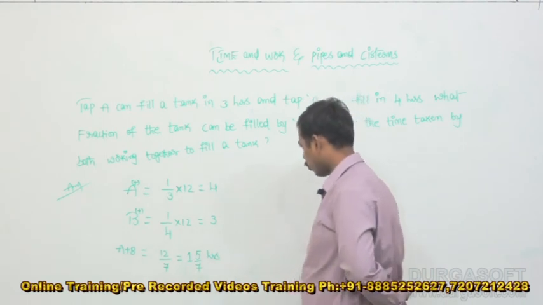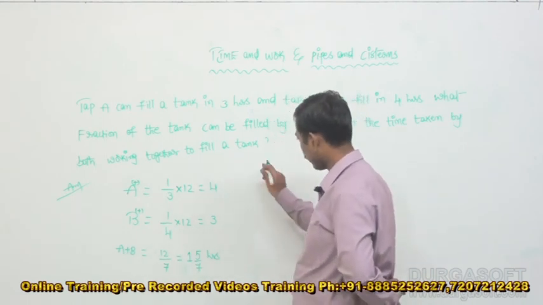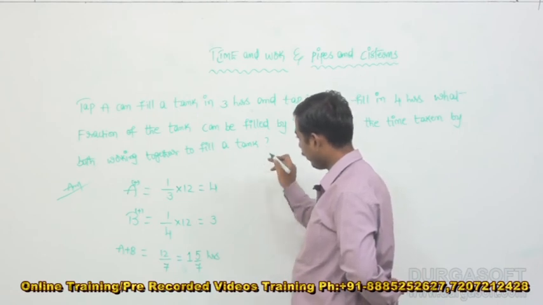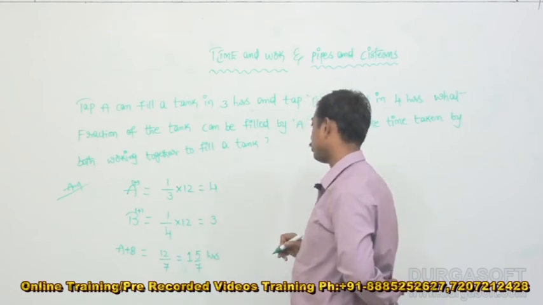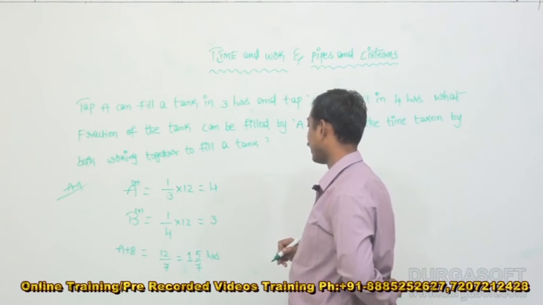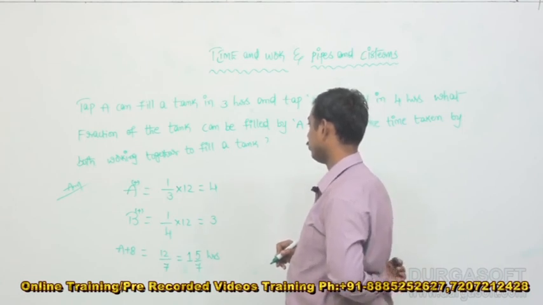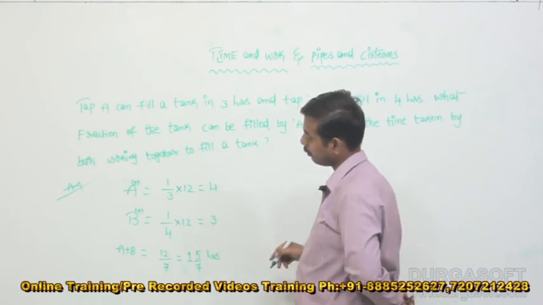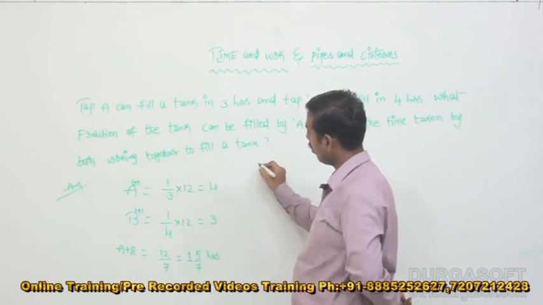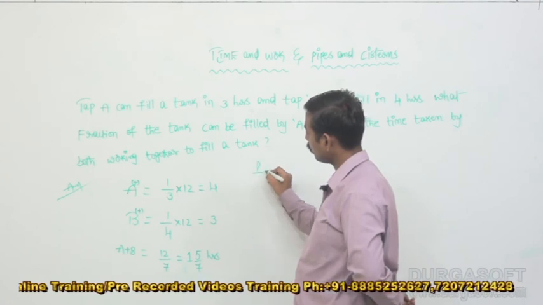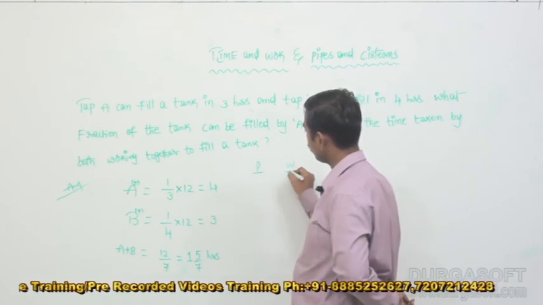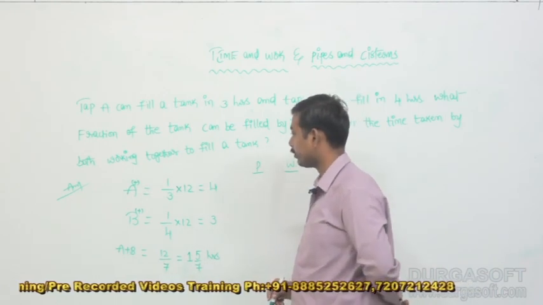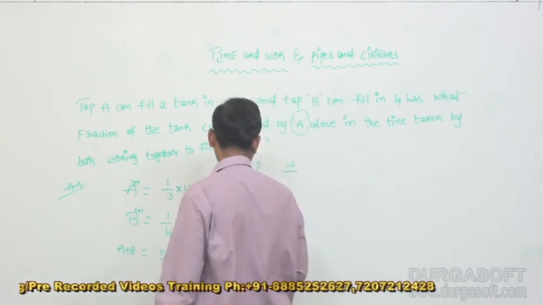Right, now we have to find out about pipe A. Pipe A fills 1 complete tank in how many hours? I am talking about the relation between pipe and work. Pipe A needs 3 hours to fill 1 tank.